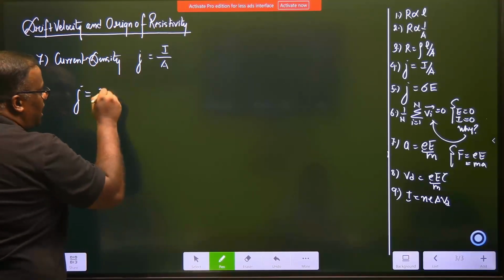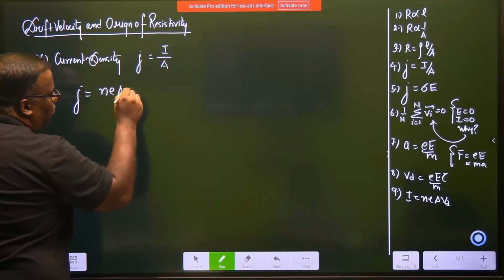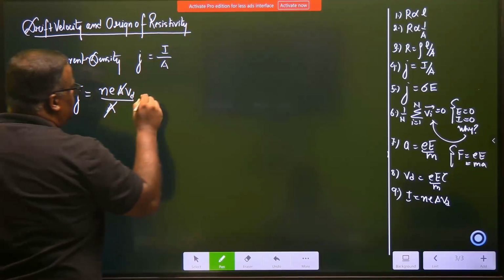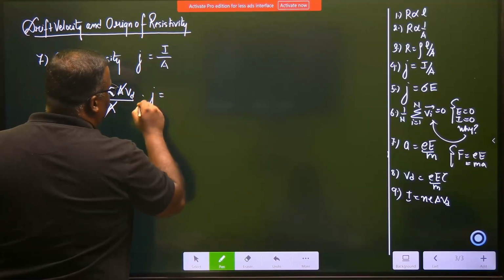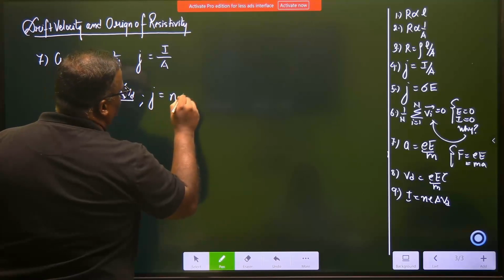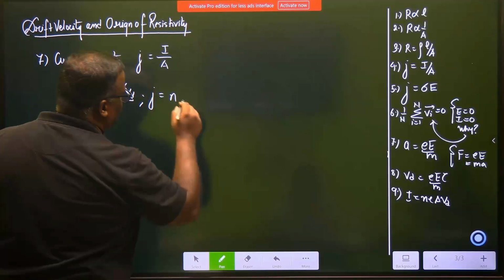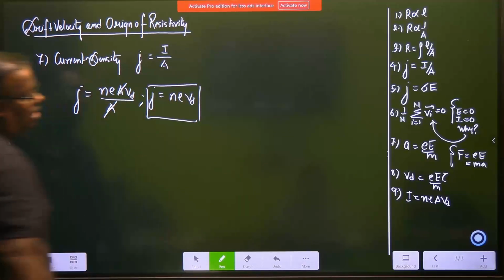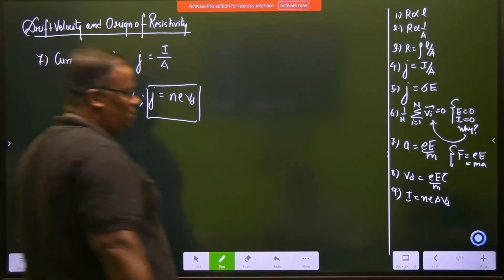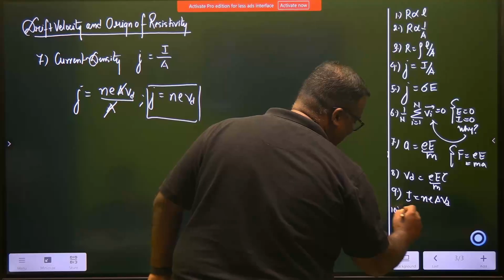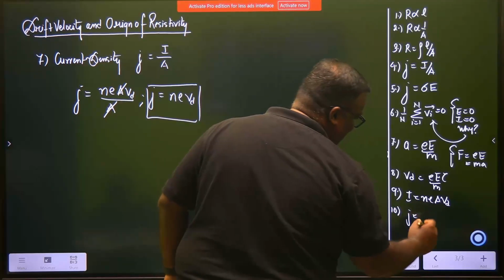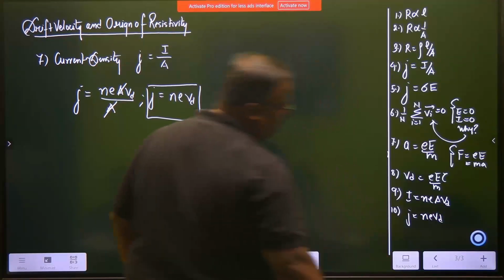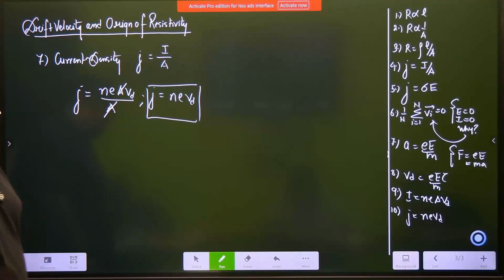I is NEAVd divided by A, and A cancels A. So I get another formula: J is equal to NEVd. This is the formula for current density. All this we will need in doing problems. Very easy, because J is I upon A.